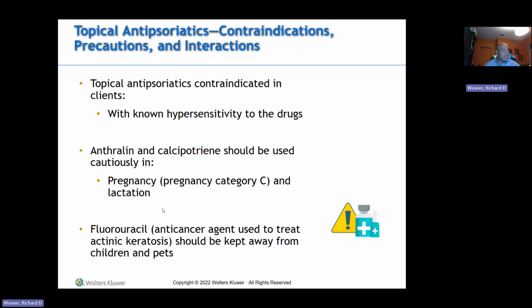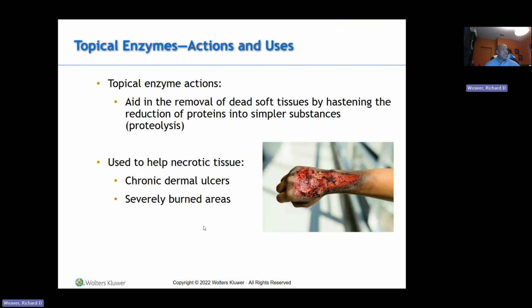Anyway, now the topical enzymes, what are the actions and uses? A topical enzyme is used to help remove necrotic, that bad tissue, right? Dead tissue from chronic dermal ulcers. Dermal is the skin. Sometimes patients develop ulcers of that layer of the skin.